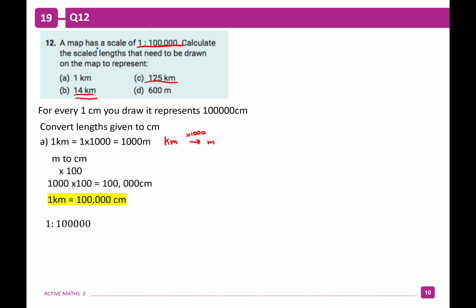The first thing we do is write down the ratio given. 1 part is to 100,000. Underneath this, you write down your converted lengths and the unknown value. You're trying to find the scaled length for 100,000 centimeters.